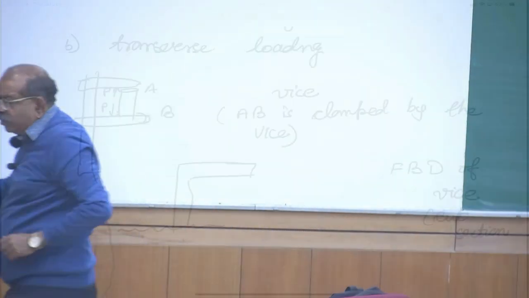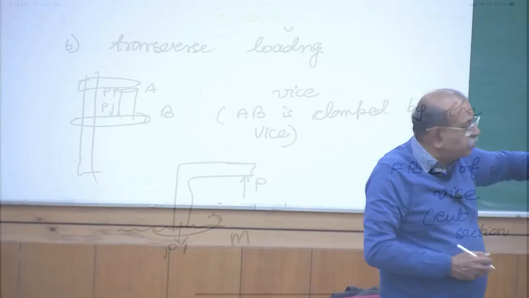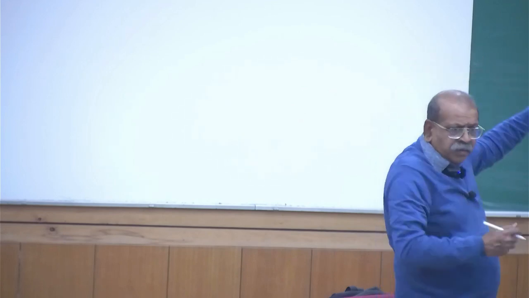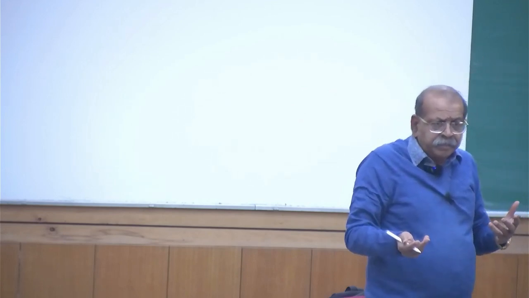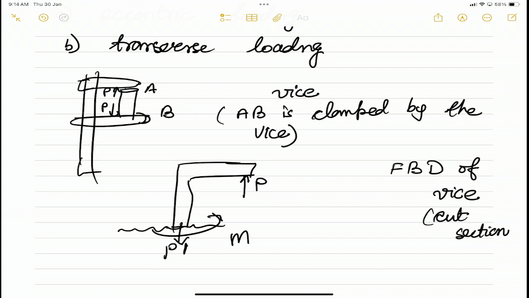So if I draw a free body diagram, I will get here P, and on this cut section I will get P prime, and let us say there is a moment M. So P, let us assume, is known. On the cut section, the forces which will come will be P prime and moment M.